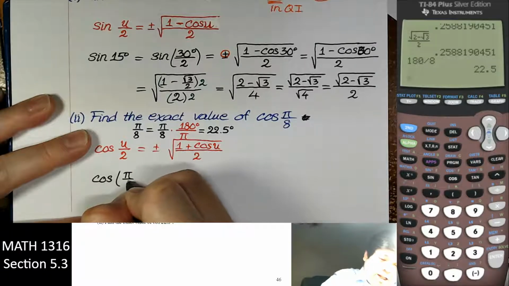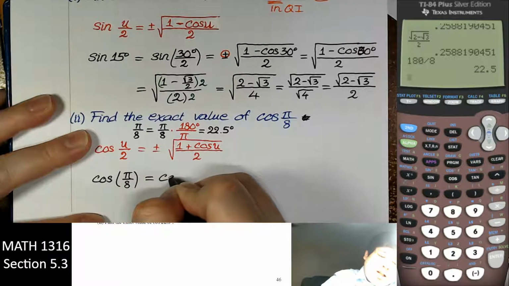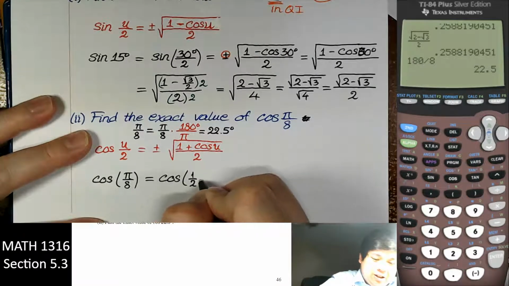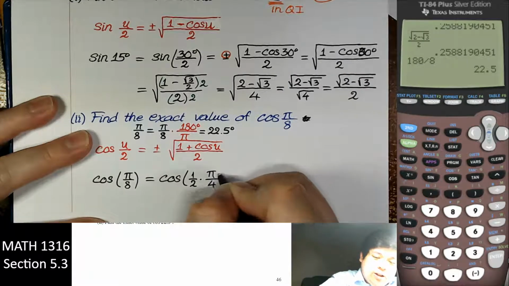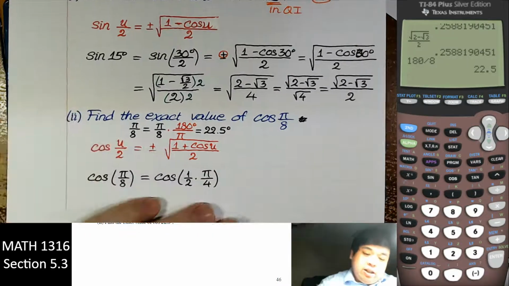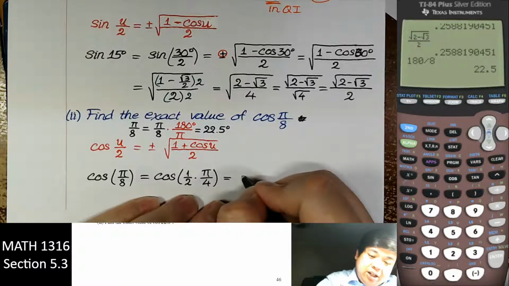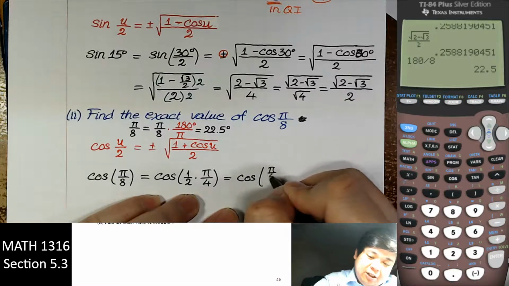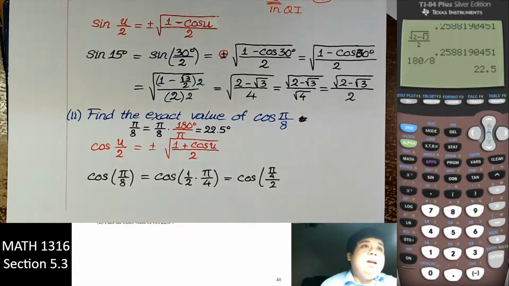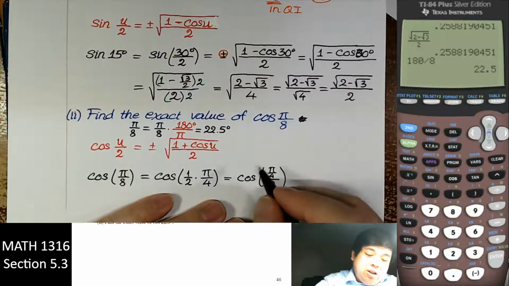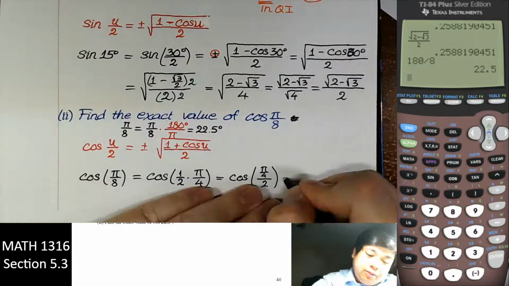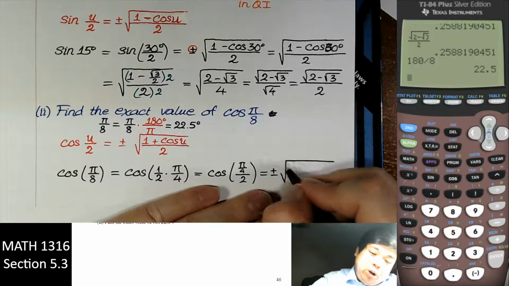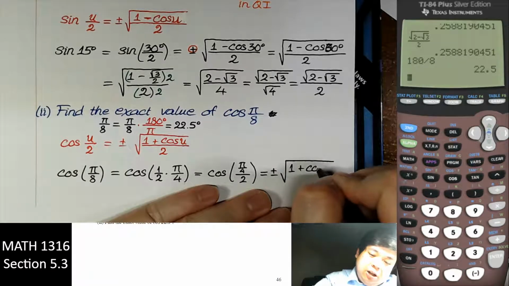So pi over 8, we can just say it is half of pi over 4, because when we multiply across, that is pi over 8. So we have the cosine of half of an angle, which will be plus or minus the square root of 1 plus cosine.